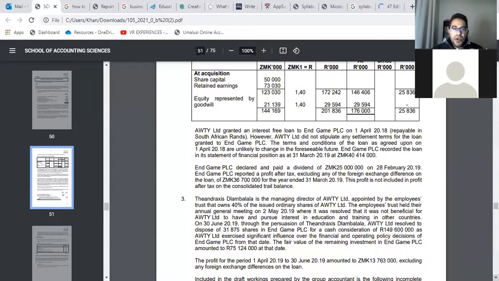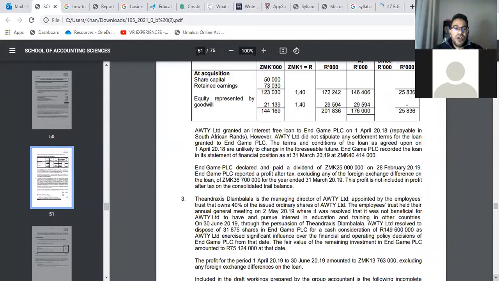AWT granted an interest-free loan to Endgame on 1 April 2018, repayable in South African rands. However, AWT did not stipulate any settlement terms for the loan granted to Endgame. The terms and conditions of the loan as agreed upon on 1 April 2018 are unlikely to change in the foreseeable future.